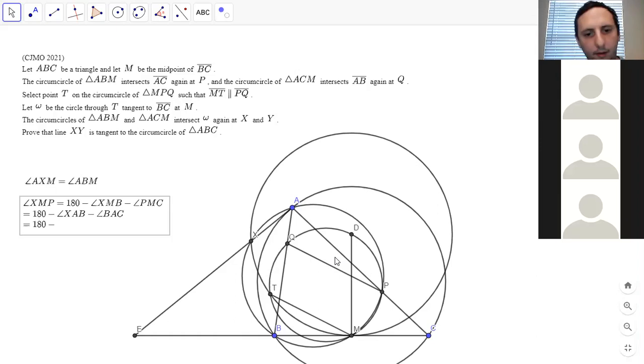So yeah, I guess I feel like we're kind of going in circles. Yeah, we want to show XM is parallel to AP. Do you see the solution? Or maybe there's a step we're still missing? Oh, okay.